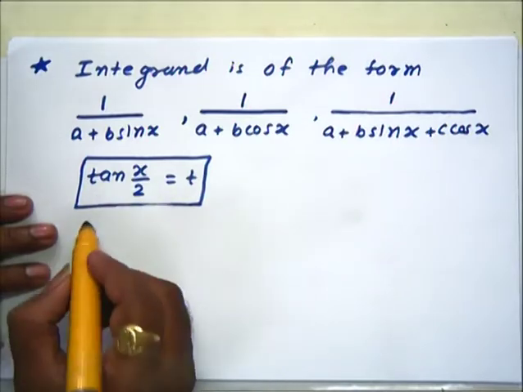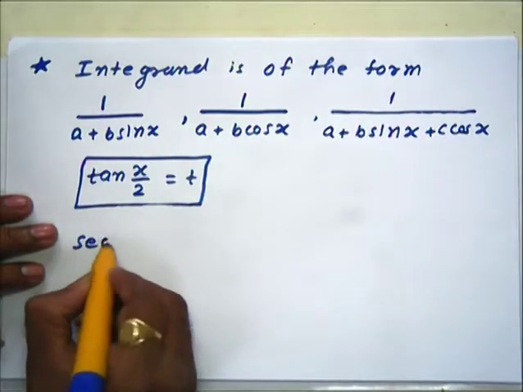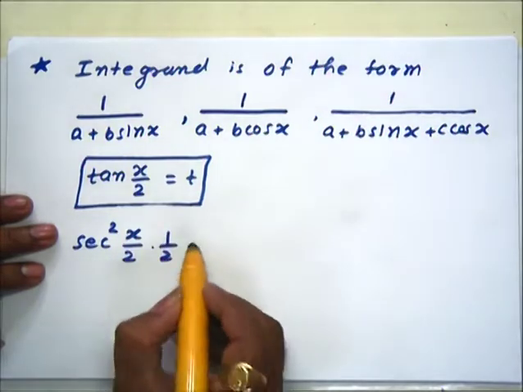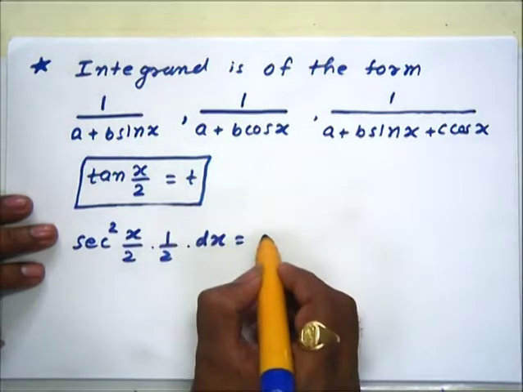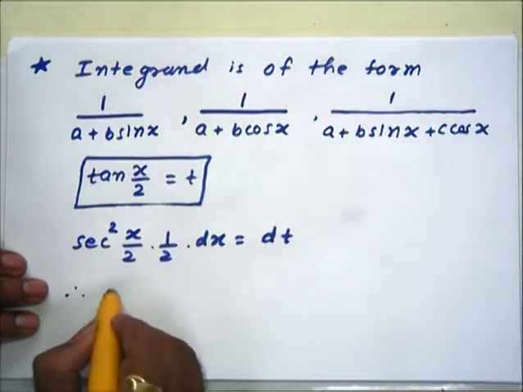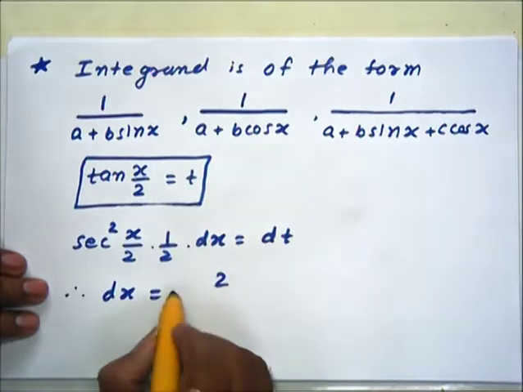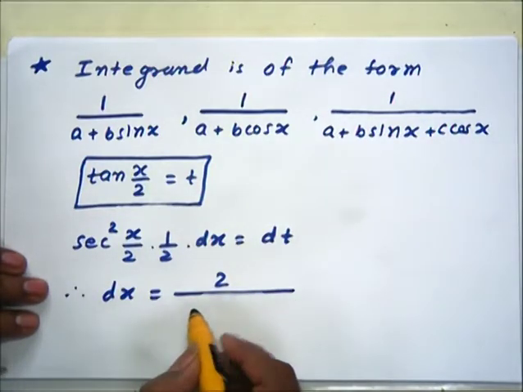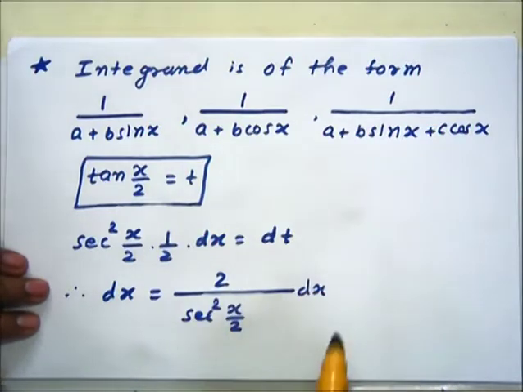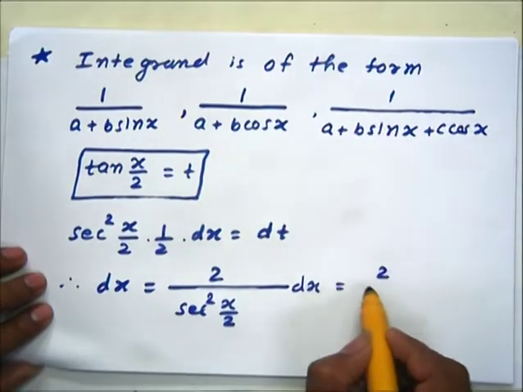Now differentiate this with respect to x. The derivative of tan x by 2 is sec square x by 2 times 1 by 2 into dx, and the derivative of t is 1, so dt. Therefore dx is 2 upon sec square x by 2 dt.